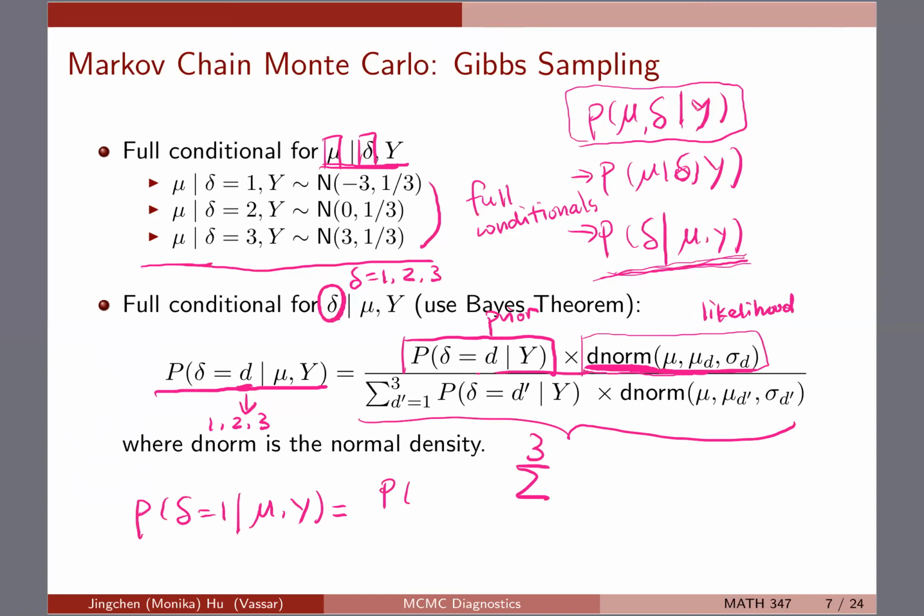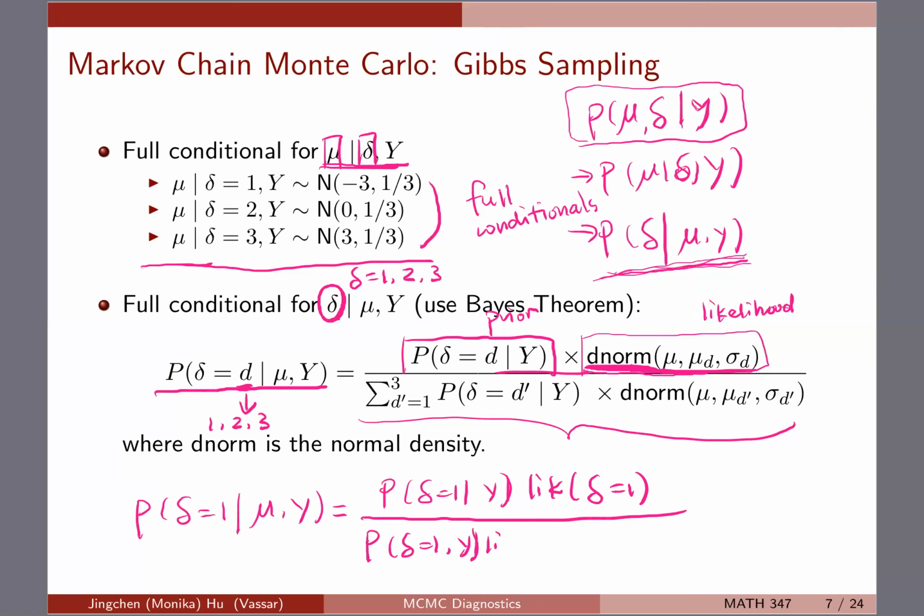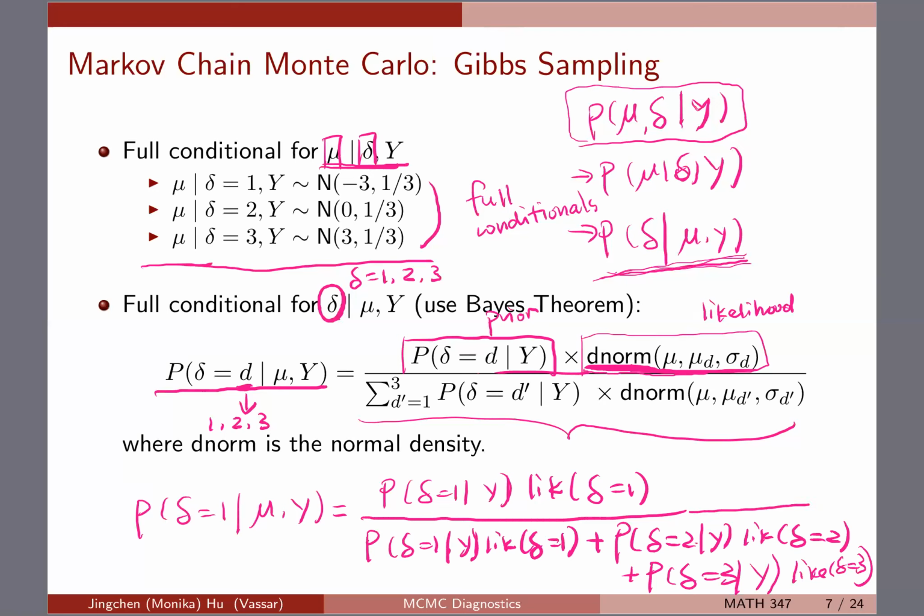It's going to be delta equals 1, given y, and then the normal, so I would say the likelihood, given that delta is 1, over delta is 1 times likelihood, delta equals 1, plus it's possible that delta is 2, plus it's possible that delta equals 3. Does this make sense?